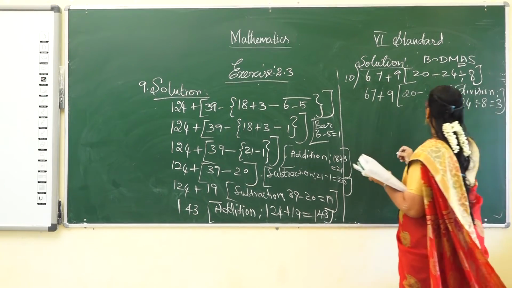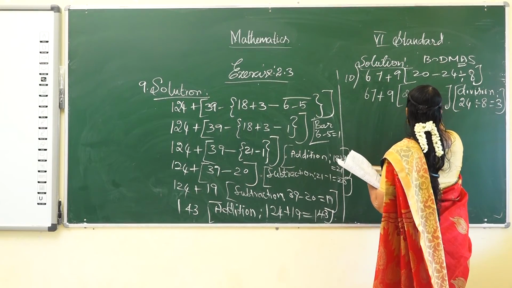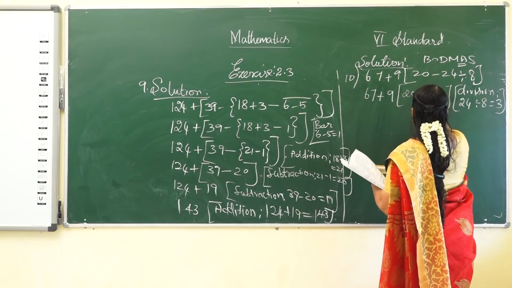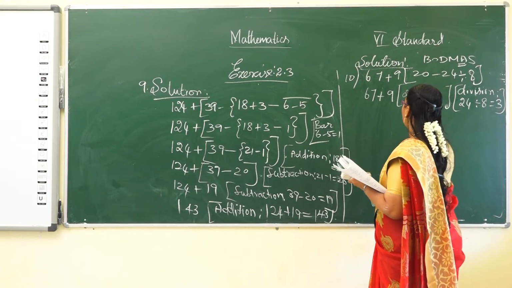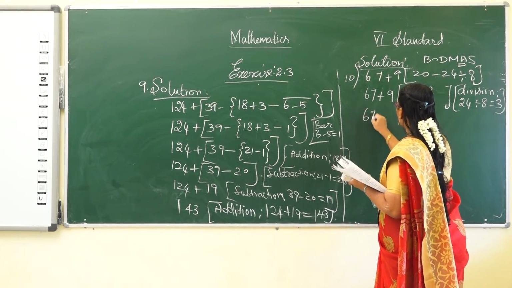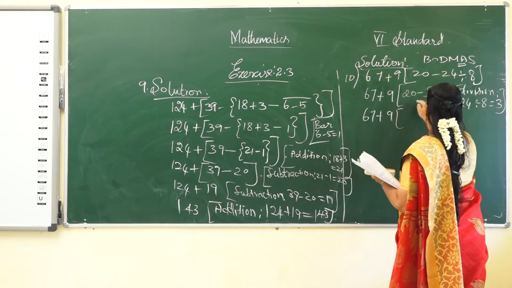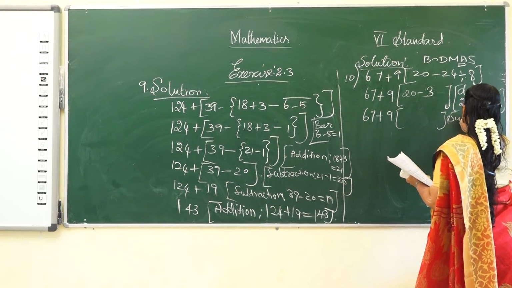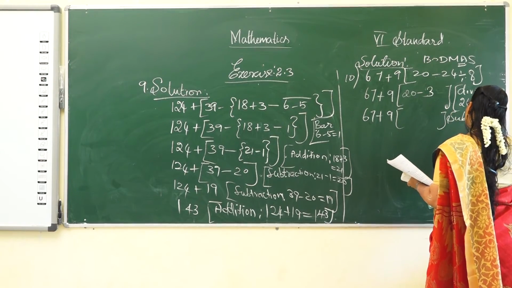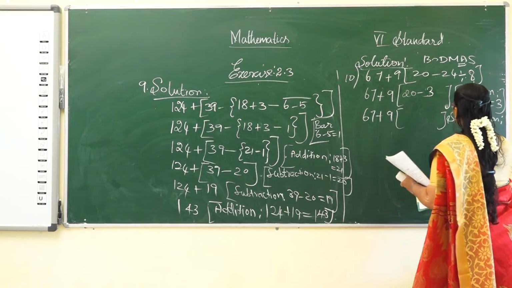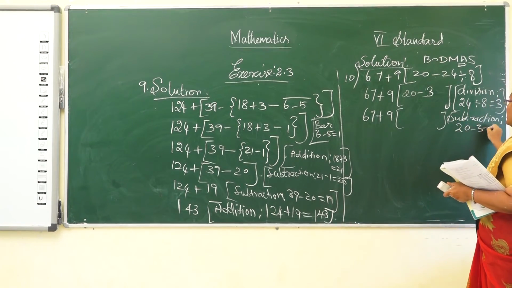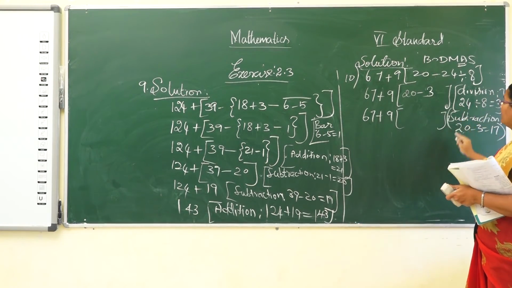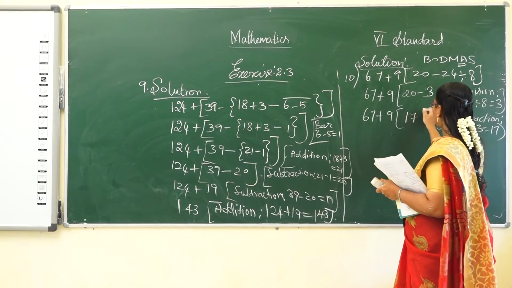Okay. So 24 divided by 8 can be written as 3. Now 67 plus 9. Now refer to the subtraction. So 20 minus 3 is equal to 17. Here write 17.